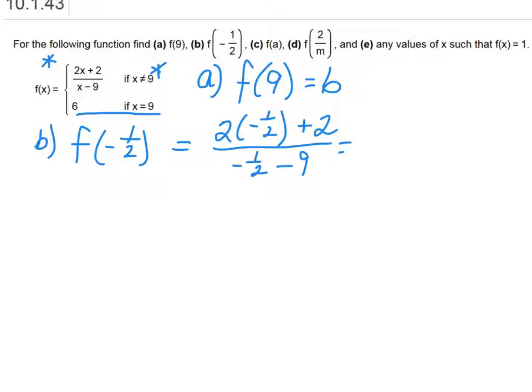And since 2 times negative 1/2, you can check this on your calculator, is negative 1, plus 2, then the numerator of the function is going to be 1. The denominator, on the other hand, is going to be negative 9 and 1/2.